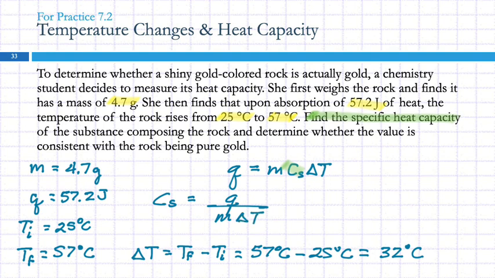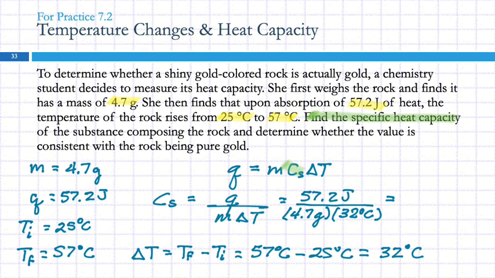I'm dividing both sides by m and delta T. So now I can plug my numbers in with their units. 57.2 joules divided by the mass, 4.7 grams, and the change in temperature, 32 degrees Celsius. And here we're dividing by two numbers that are multiplied, so again, you need to be careful on your calculator.